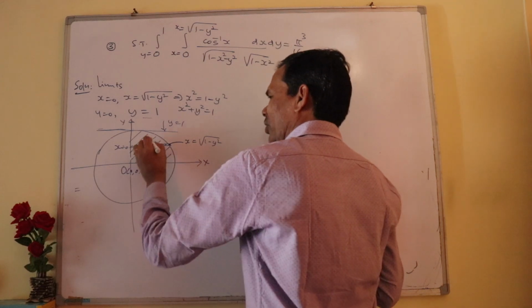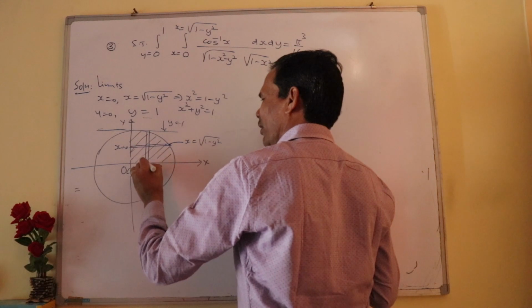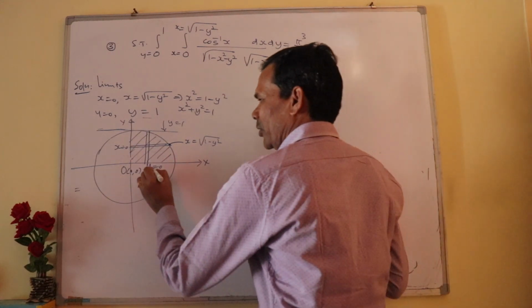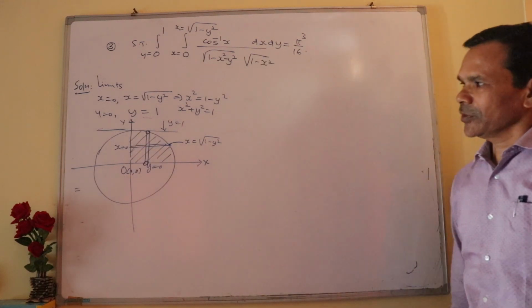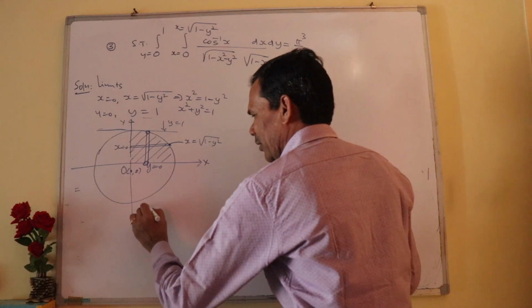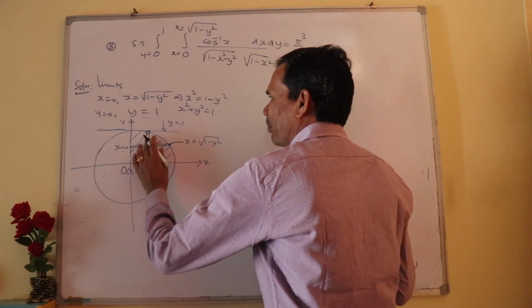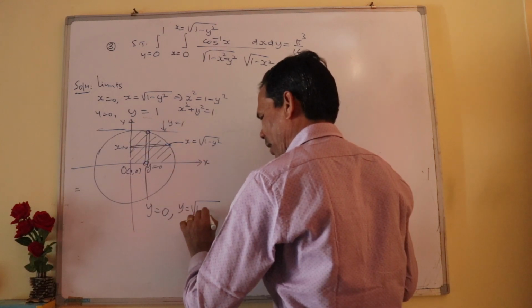Now to change the order, here it is taken as horizontal, so we have to take a vertical strip in the region of integration, where we just encircle from where the strip starts and where the strip ends. So the lower end is y is equal to 0 and the upper one is y is equal to root of 1 minus x square.